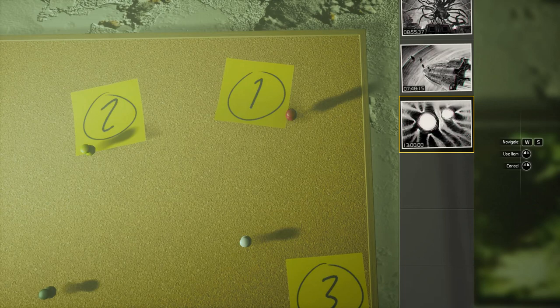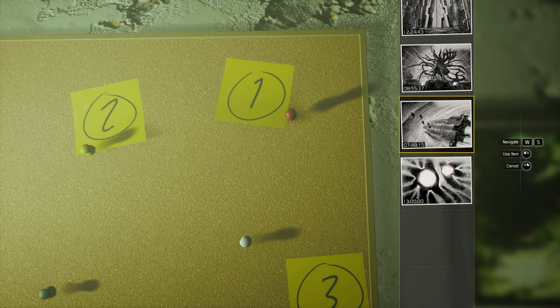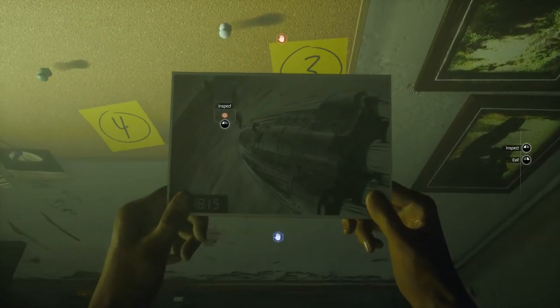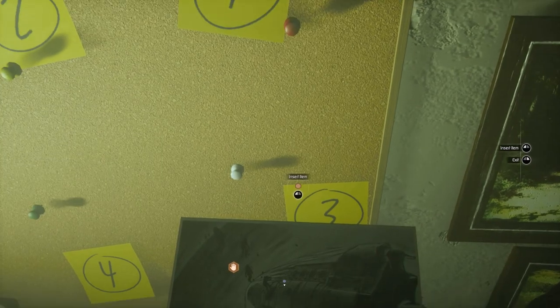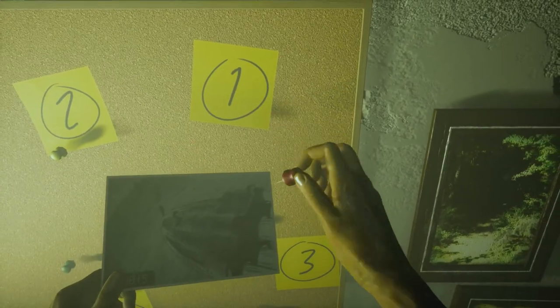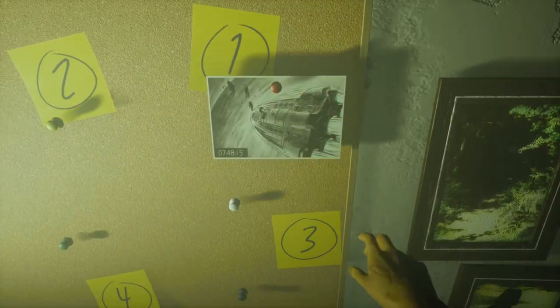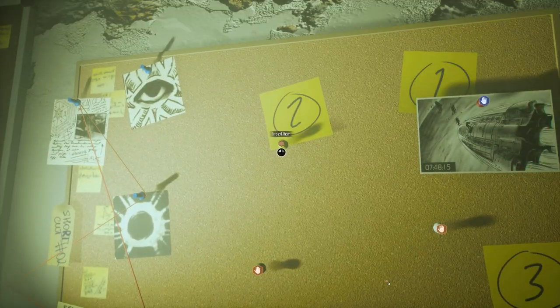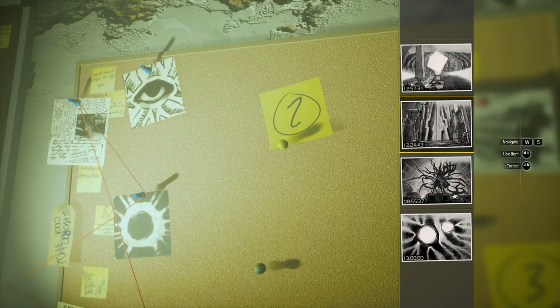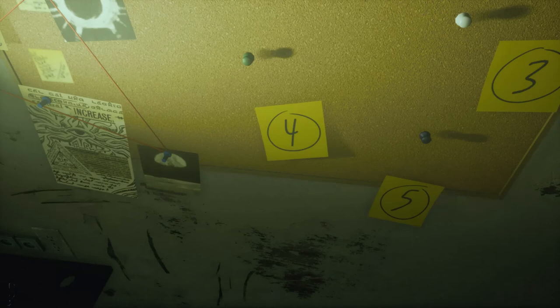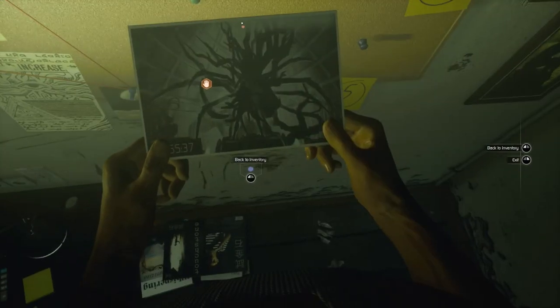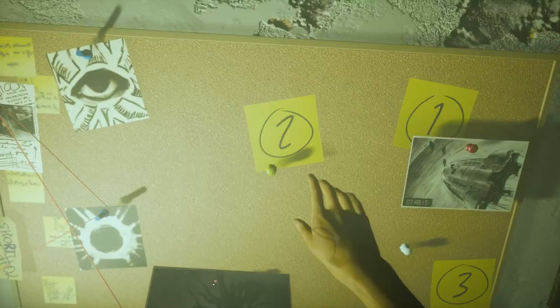Use item. Yeah, that's what I was doing. Okay, number 1. Then number 2 would be 08. Presumably, if it's sequential. Insert item.